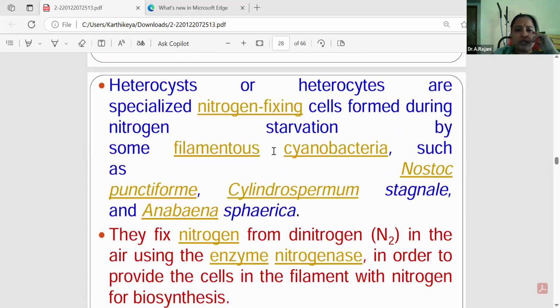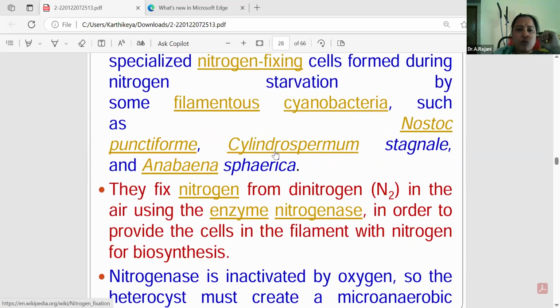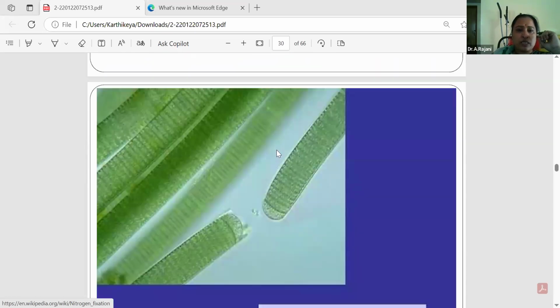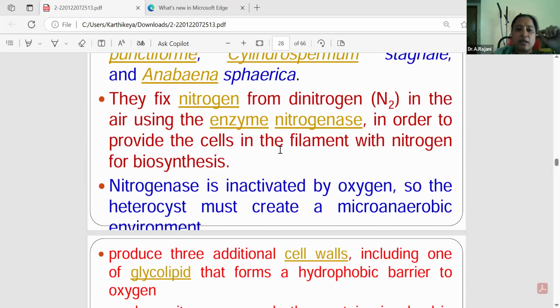Another very important aspect of Nostoc is its biotechnological importance. What is the biotechnological importance? Nostoc has been used as a dietary supplement for centuries. Several edible species exist: Nostoc commune, Nostoc sphaeroides, and Nostoc flagelliforme have been collected from various natural habitats for human use.